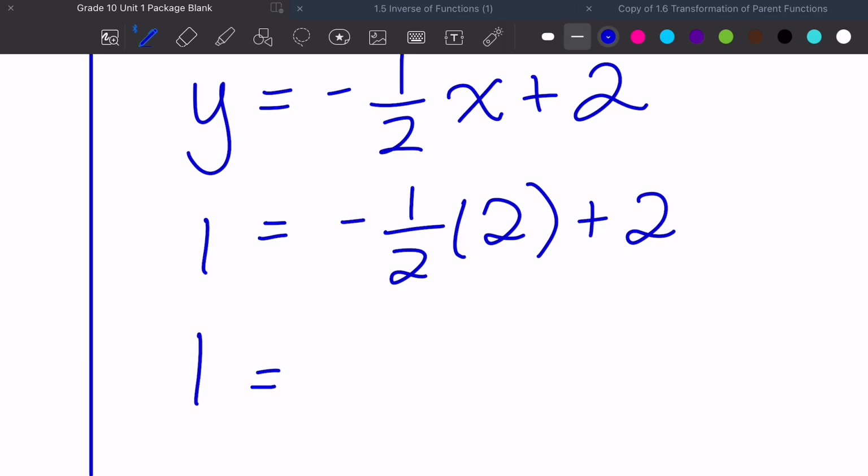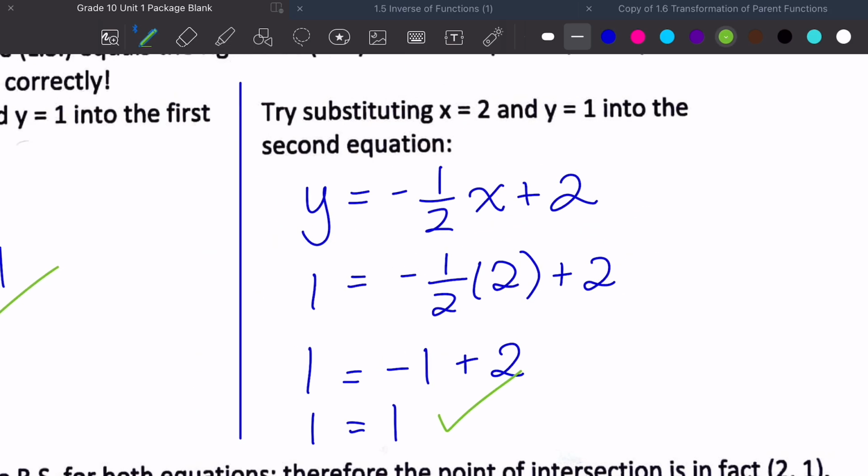What did we say about the fractions? So 2 times negative 1 is what? Negative 2. Negative 2 divided by 2? Negative 1. Perfect. Which overall is still just going to leave me with 1. So it is true. This is the solution.